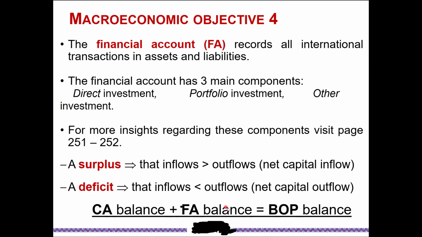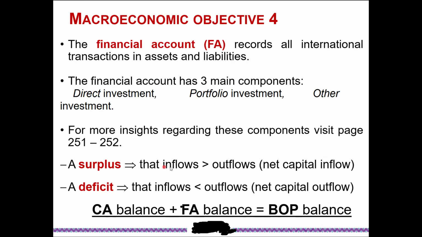And then the financial account is through assets and liabilities, where we have direct investment as well as portfolio investment and other investment as well. So you must be careful when you find maybe an MCQ question and they say... I don't know how they put this question, but do you see the difference with this one?